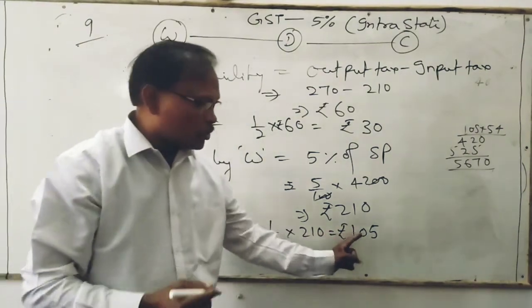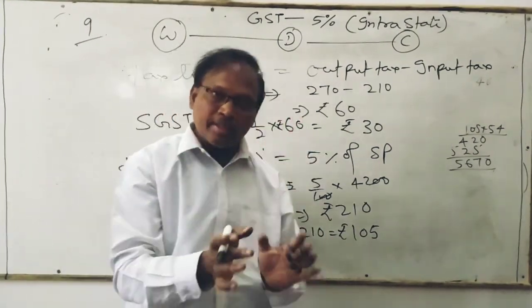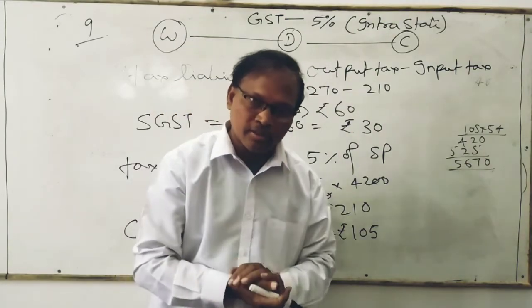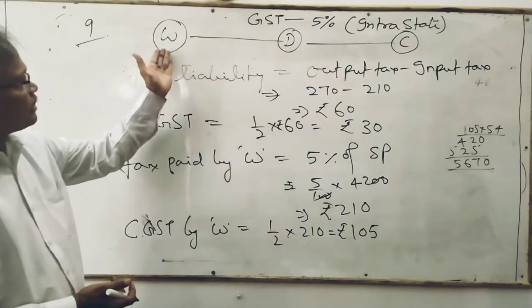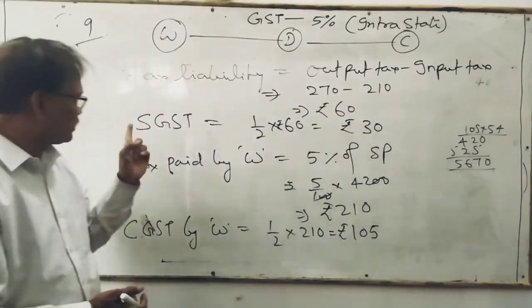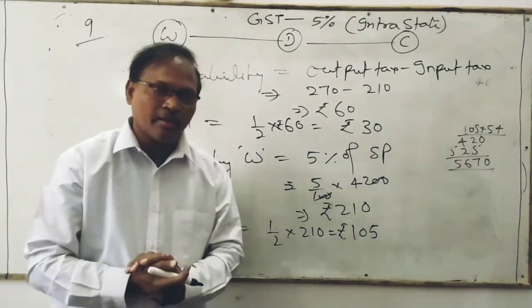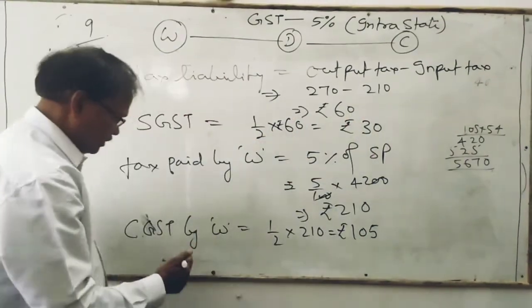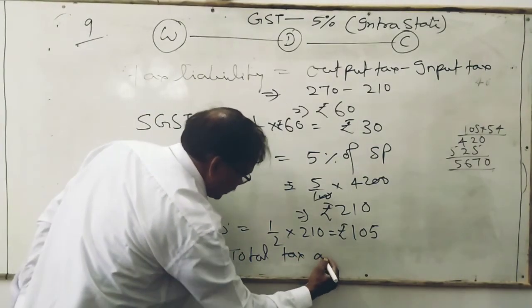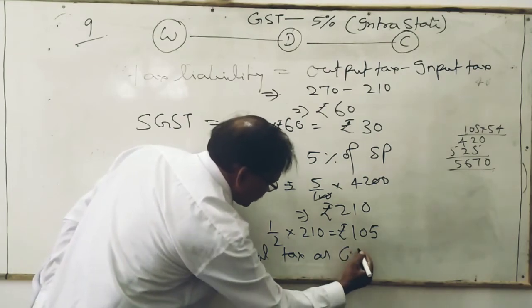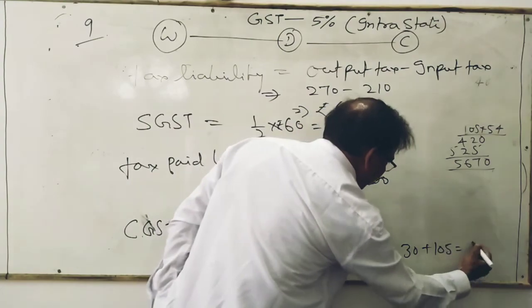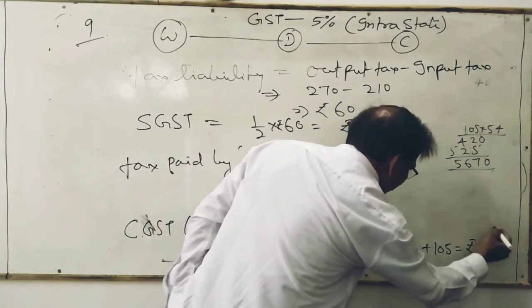This 105 will go to the central government. लेकिन अब total tax पूछ रहा है, how much tax will go to the central government. तो wholesaler का कितना गया 105 and dealer का कितना गया rupees 30, क्योंकि जितना इसमें गया है इतना central government में जाएगा. तो 105 plus 30. So you can write here total tax as CGST is equal to 30 plus 105, rupees 135.